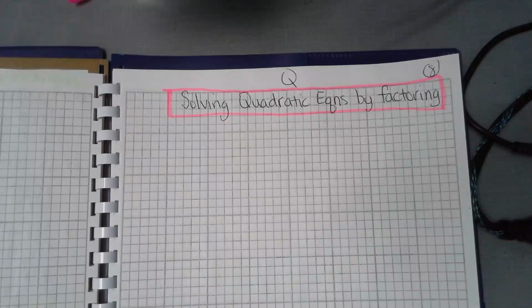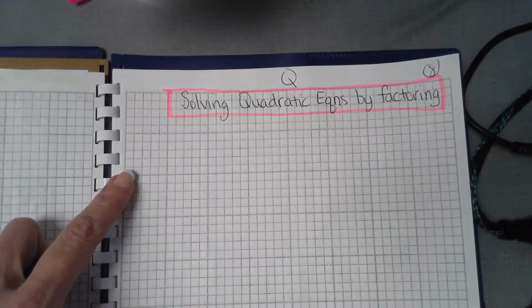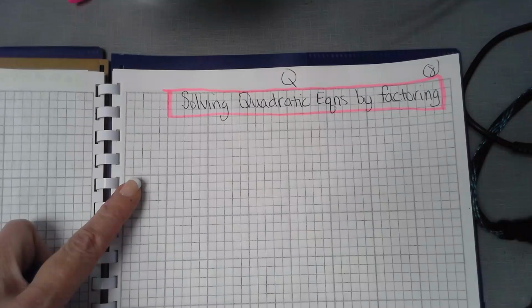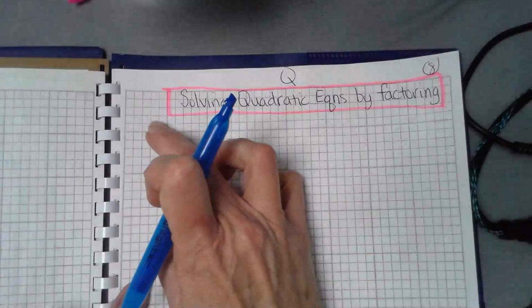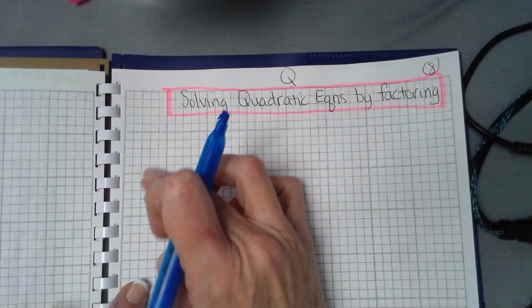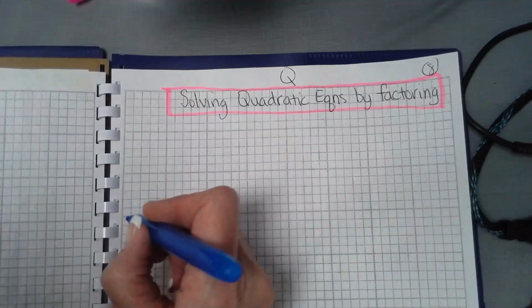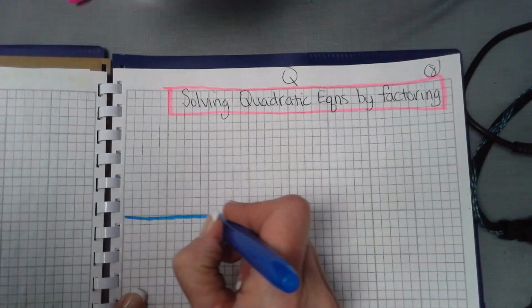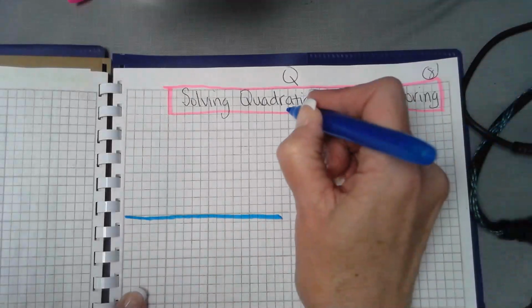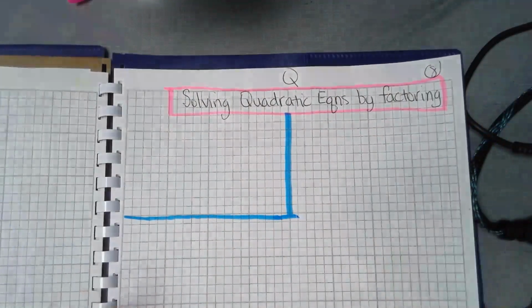So the first thing you need are the steps to solve. So what I did is I gave myself a little bit of room. Let's see, 2, 4, 6, 8, 10. We can just come right here. Okay?